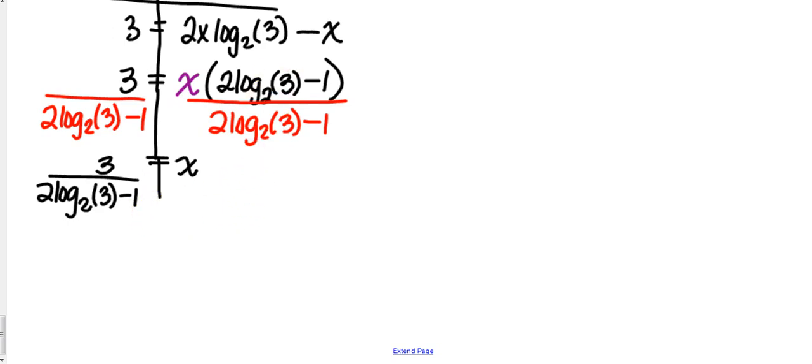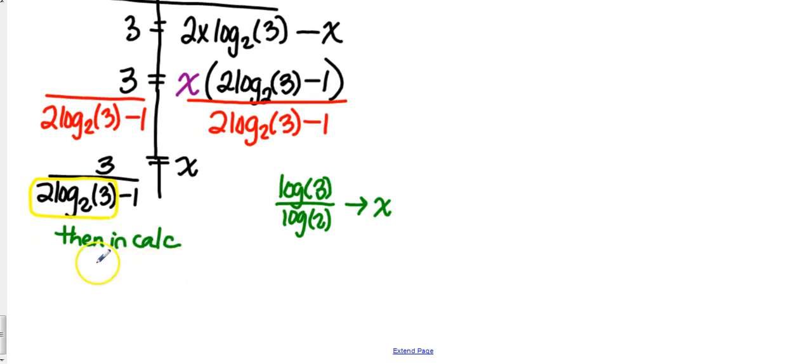Once again, I recommend that you use your store feature to help yourself get your decimal approximation. So to help myself out with that, I'm going to let my calculator do my change of base and store log 3 over log 2. Let that be x. Then in my calculator, I would just need to do 3 divided by 2x minus 1.